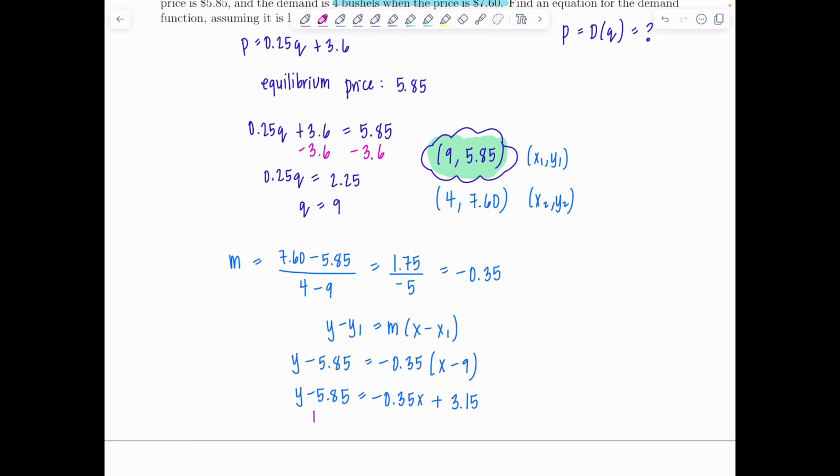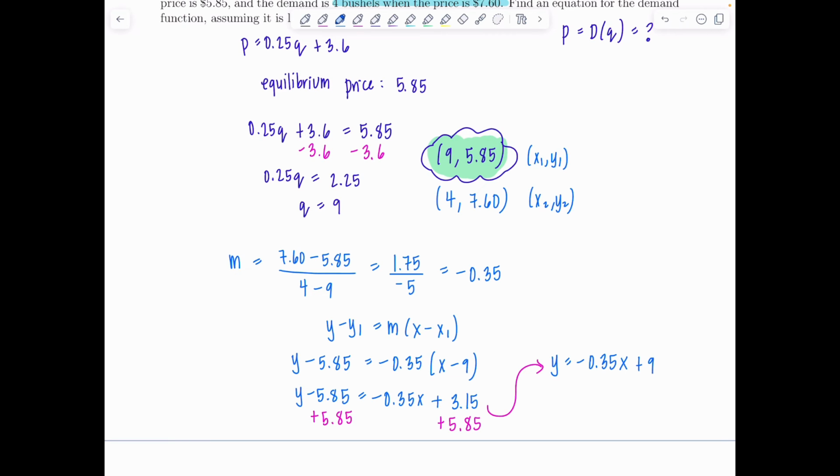And then last thing, I'm going to add 5.85. Boom. And I get y equals negative 0.35x. 3.15 plus 5.85 is 9.